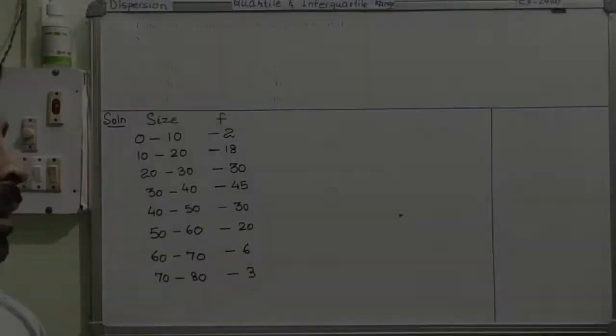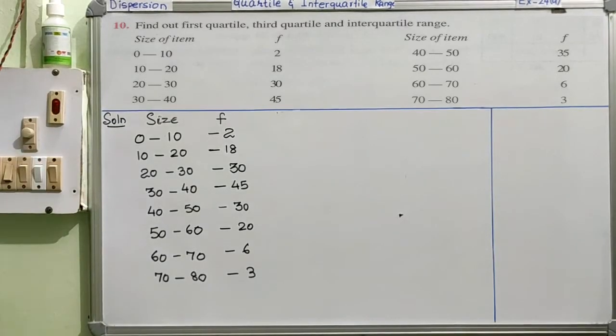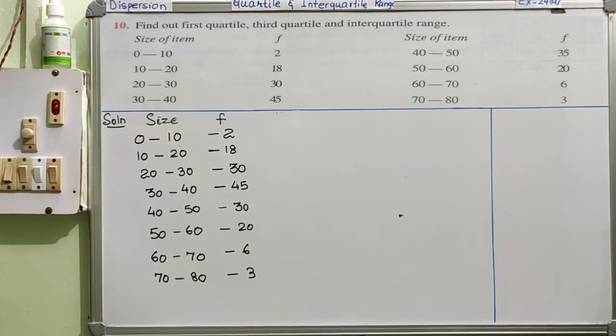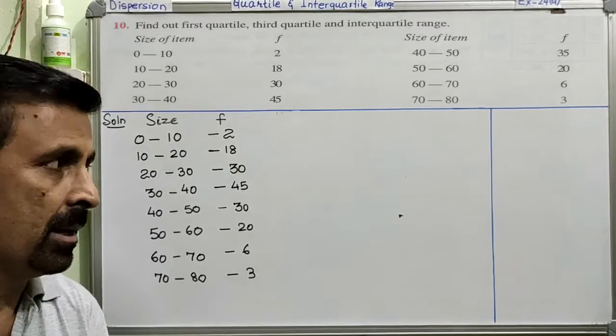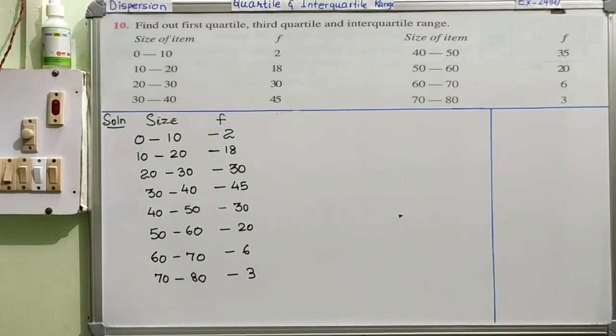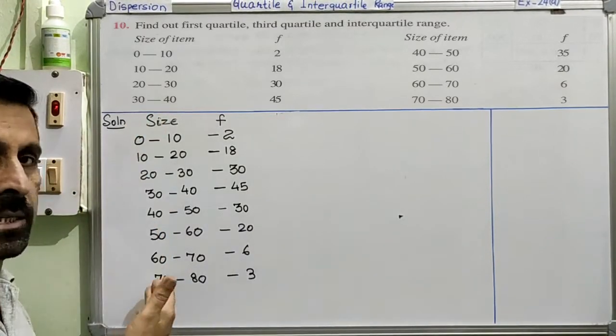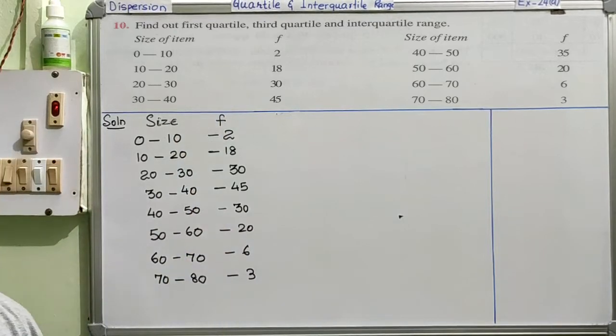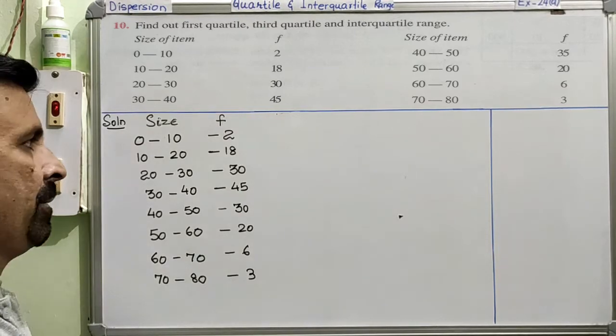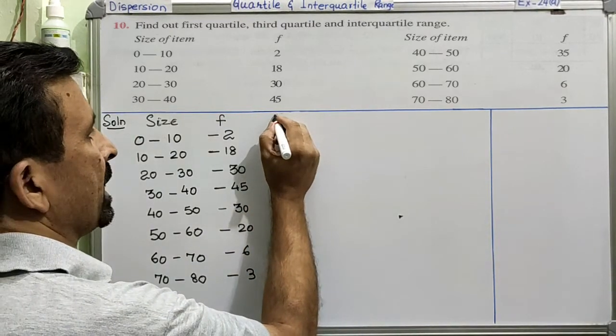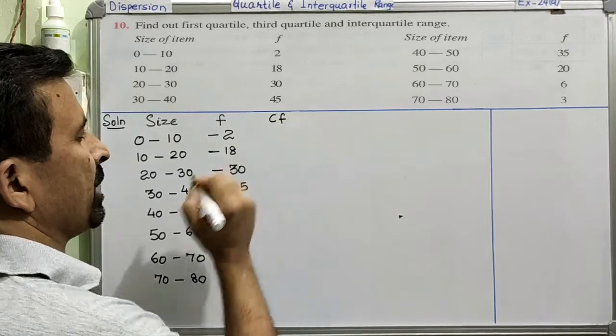Now we are moving on to question number 10, and this question is of the continuous distribution type. Continuous distribution, in which we have the frequency table, we have the class interval, and we have the frequency, right? So here, as usual, we will immediately complete the cumulative frequency column.